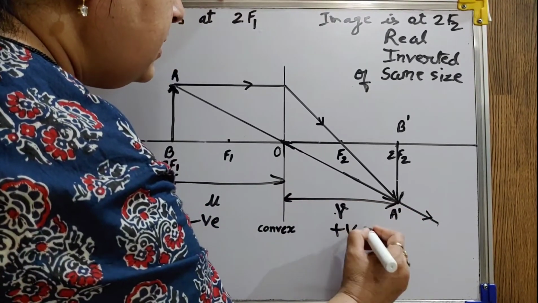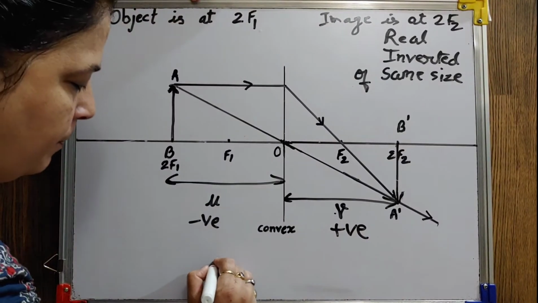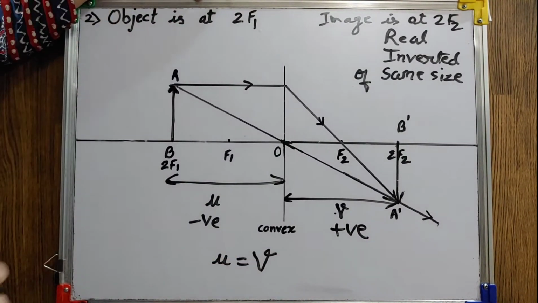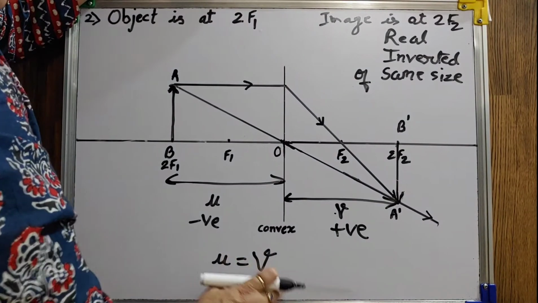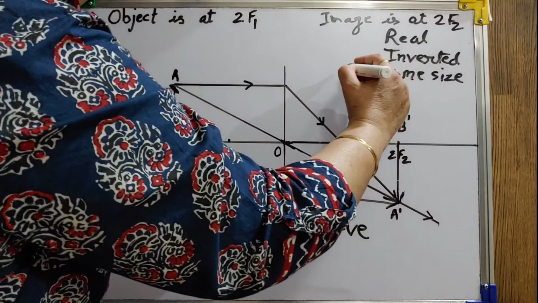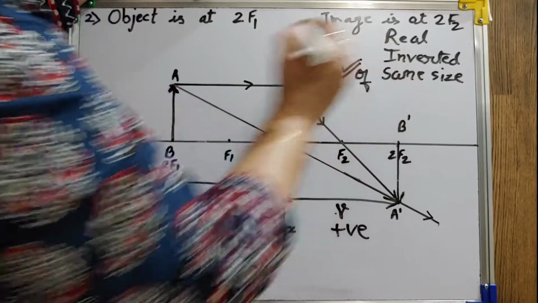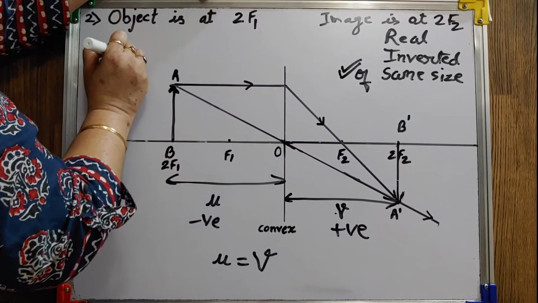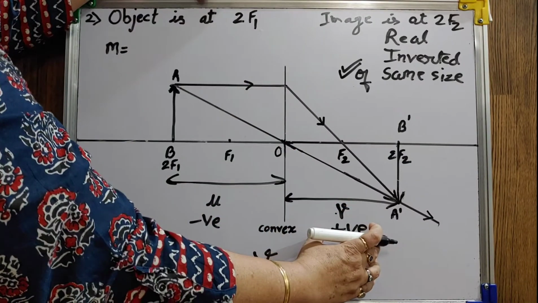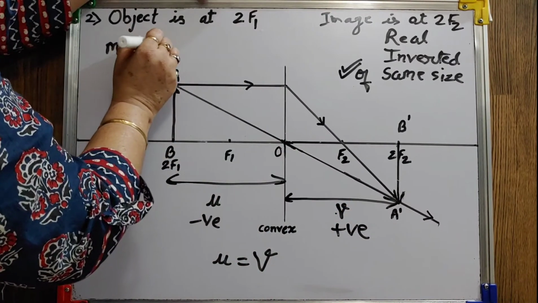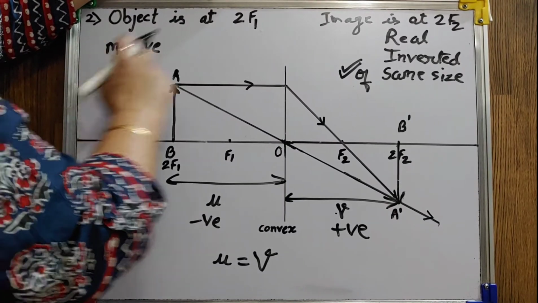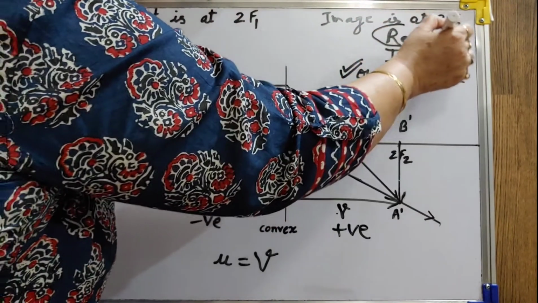Now both the side this distance is 4 centimeter. It means U is equal to V. So when U and V both are equal, it means we'll get an image of same size. Now same way magnification, V is positive, U is negative, again negative, and as I said earlier, magnification negative indicates real image.